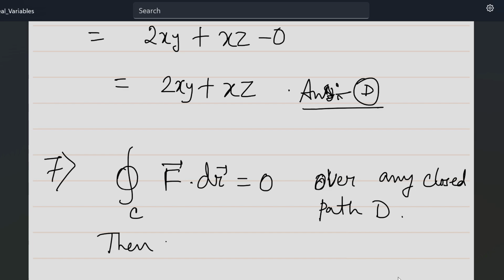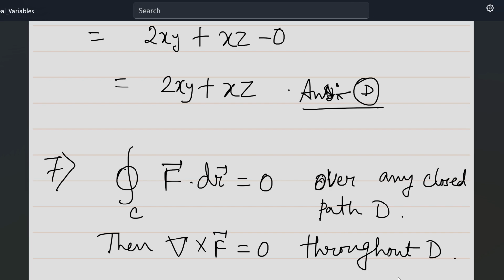Then curl of f is 0 throughout D. Tell me. Question number 7.